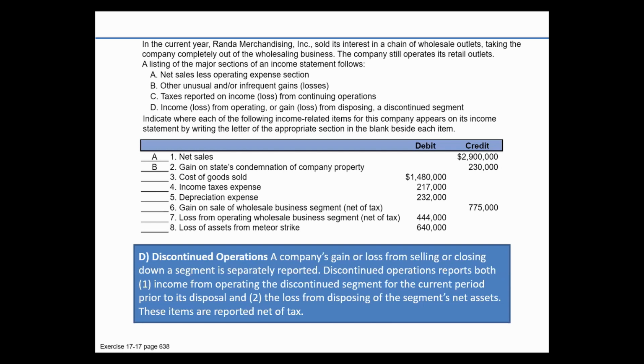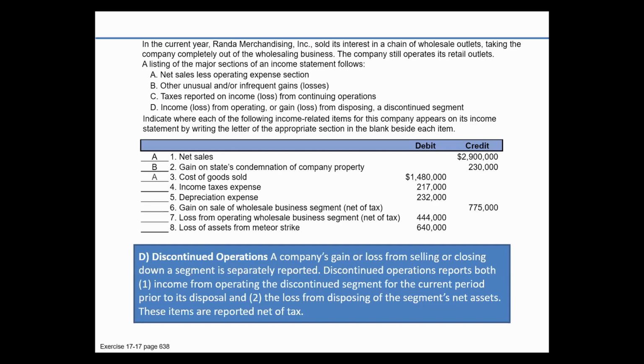That would be another unusual or infrequent gain or loss. In this case, it was a gain because it's not part of our business. We're not in the business of selling property. We're in the business of selling retail, having a retail store and retail products. But this was a gain that happened. We have to record that. So that would be part of B.